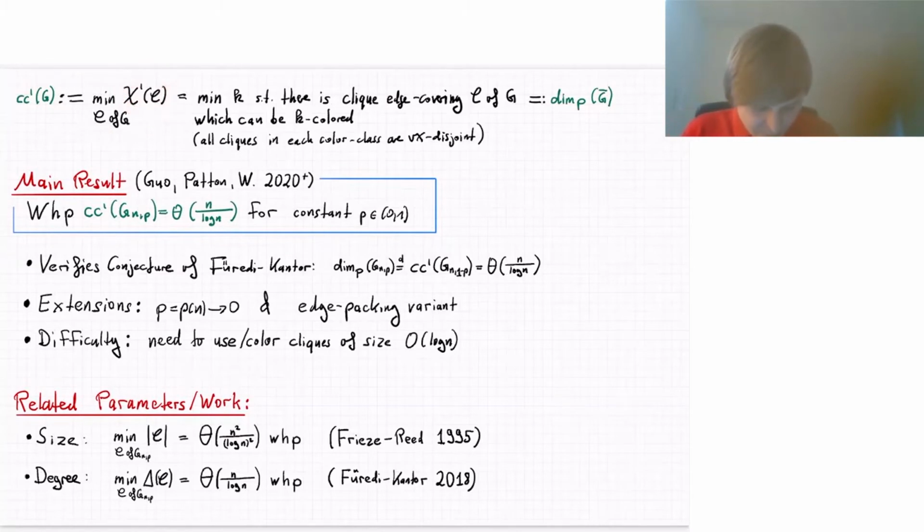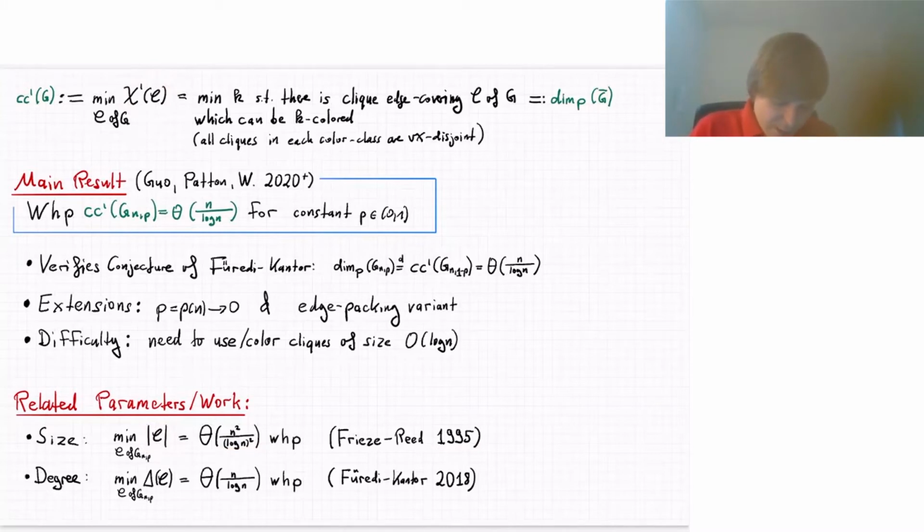Perhaps the most natural one is the size: you want to minimize the size of your clique edge covering. This was a result by Frieze and Reed from 1995, where they showed that the minimum size of a clique edge covering is of order n squared over log n squared with high probability.